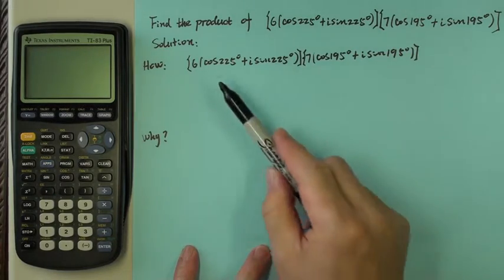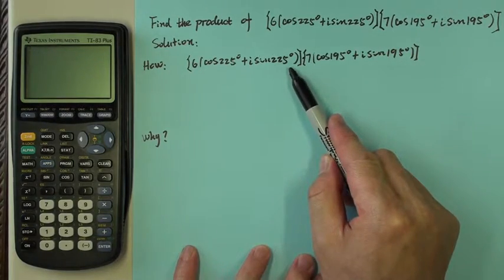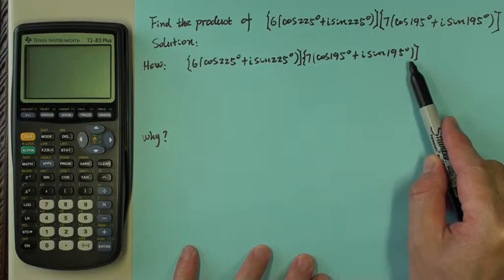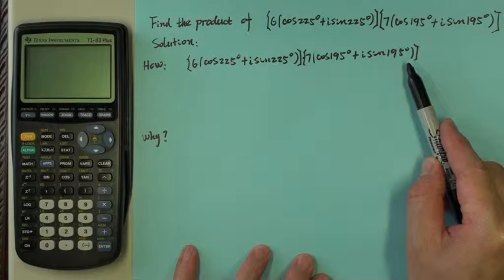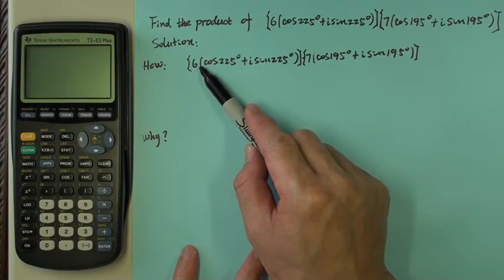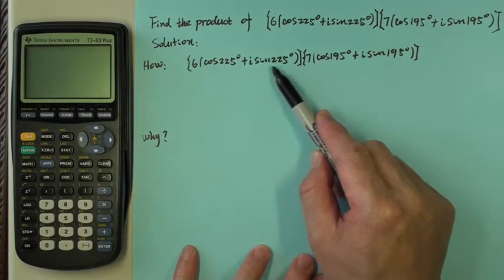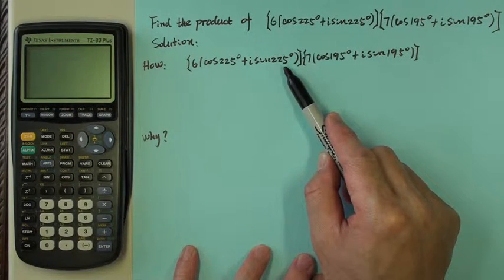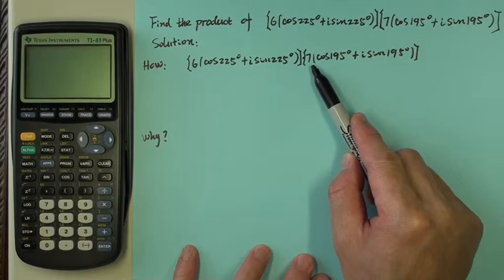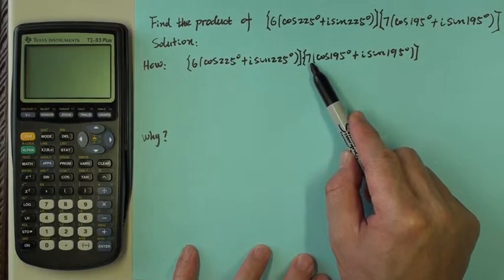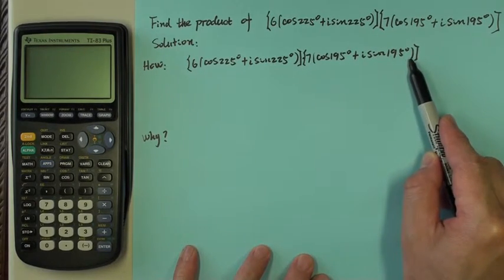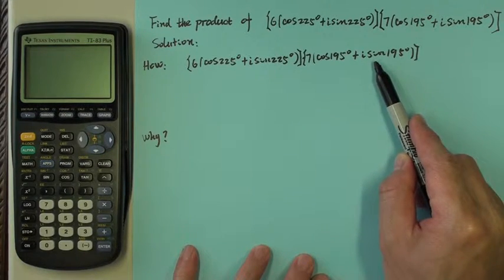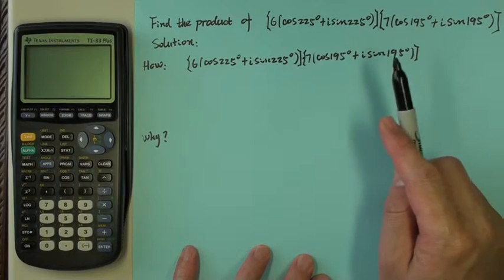This is one complex number in trigonometric form. This is another complex number in trigonometric form. 6 times this quantity. Inside is a real part and an imaginary part. Constant times the constant, and then inside this bracket is a real part and an imaginary part.